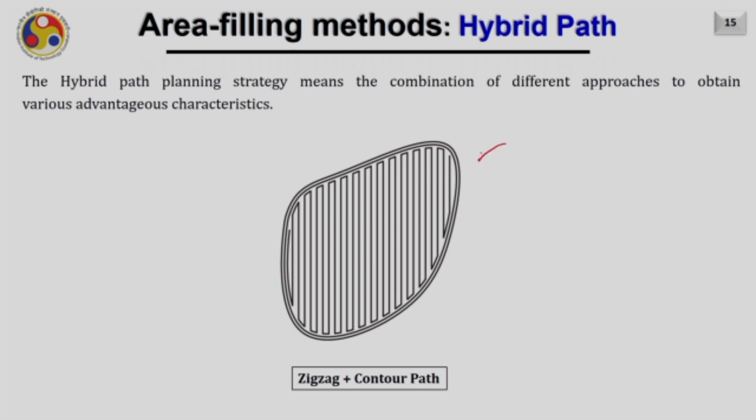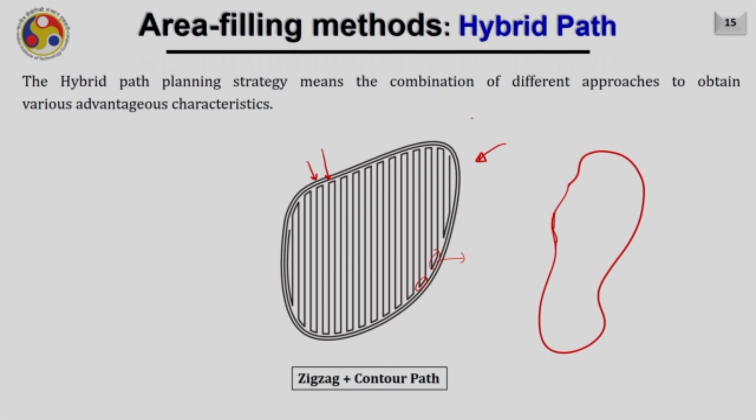For example, as we know, when we scan by the raster path, the issue comes along with its edges. It approximates any contour by linear edges. Therefore, the outer profile will not remain as good as we require. So what we can do is deposit a few lines from outside utilizing the contour parallel, and inside we can fill by the zigzag area filling.